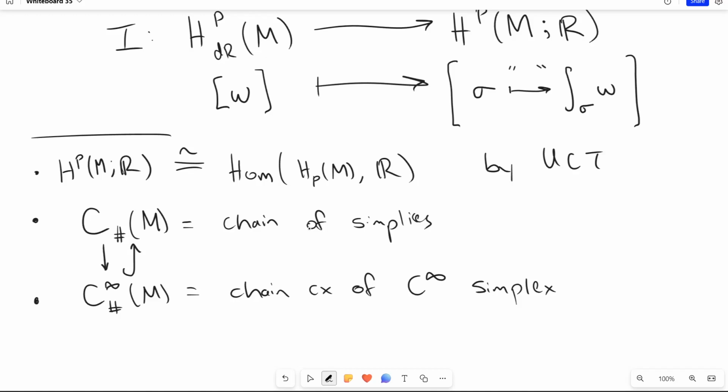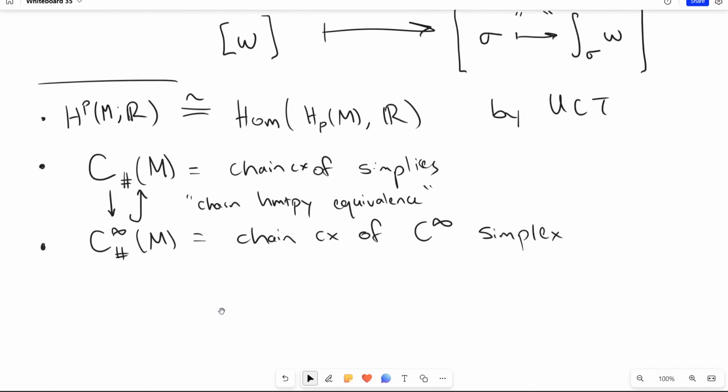And we need to prove that these two maps form a chain homotopy equivalence. And this chain homotopy equivalence will say that the homology you get from your normal chain complex of simplices, the continuous version, is the same homology as you get from the chain complex of C infinity simplices.